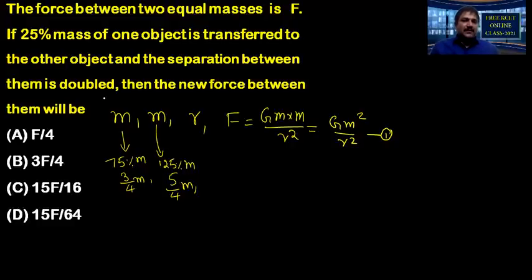The separation between the two masses is doubled. Initial separation was R, so now the new separation we have to take as 2R.